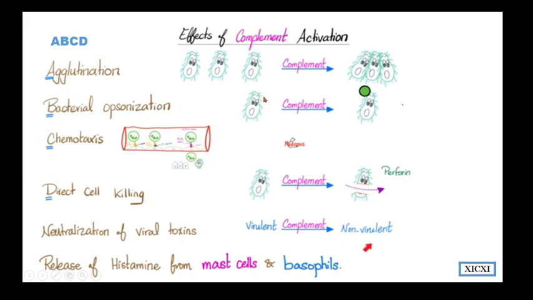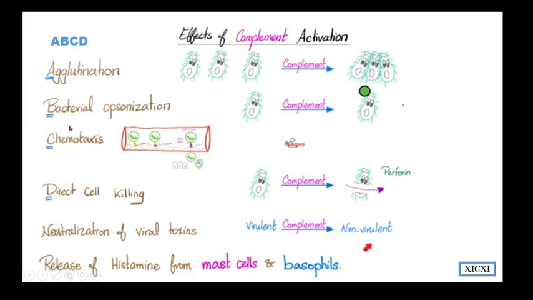Opsonization means the complement system comes and puts a sign on the pathogen so that the pathogen is very easily recognized by our immune system. Because of this sign, the immune system is able to recognize the pathogen. This process is called bacterial opsonization.